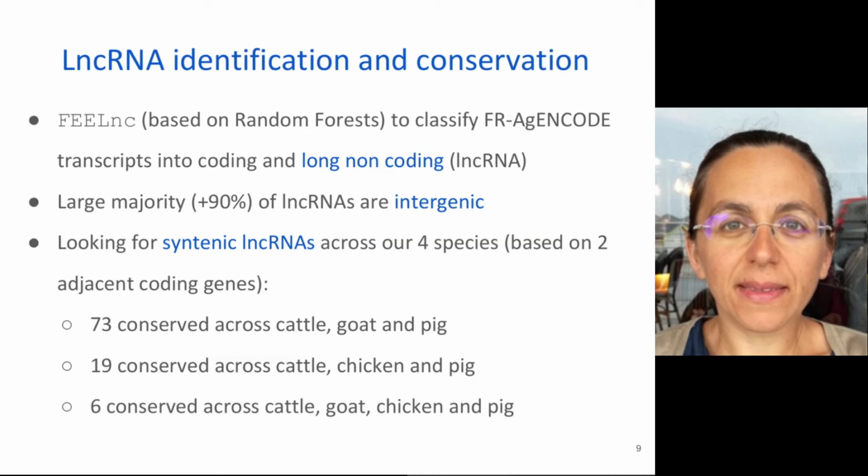And so we find 73 of them that are conserved across cattle, goat, and pig. And then if we introduce the chicken, which is further away, of course, we have less: 19 conserved between cattle, chicken, and pig, and 6 conserved across cattle, goat, chicken, and pig.